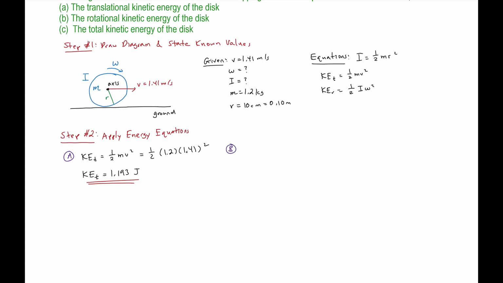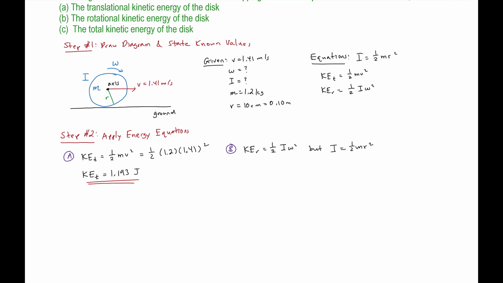In part B, we're trying to figure out the rotational kinetic energy. So we want KE_R, which is equal to 1/2 I omega squared. We do need the moment of inertia, and we do have an equation for that. So I is equal to 1/2 mr squared.